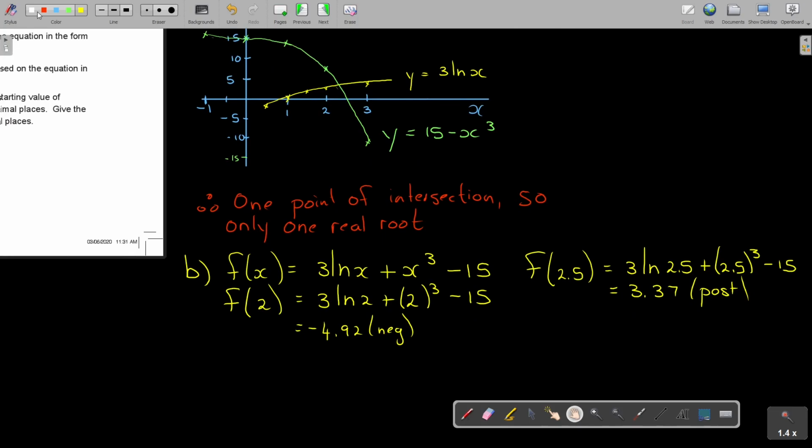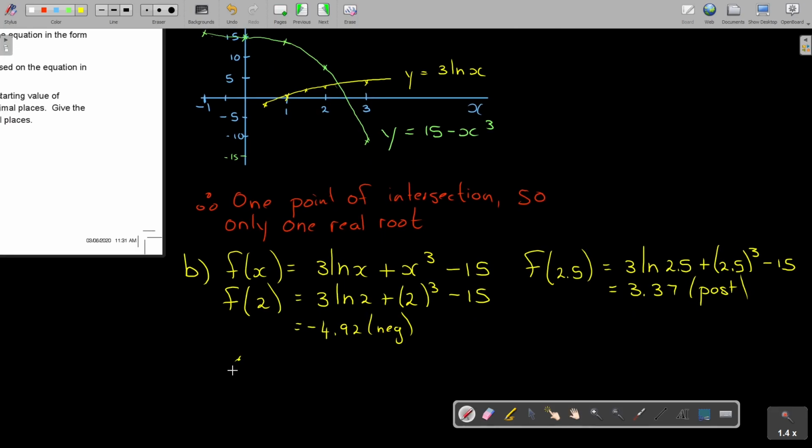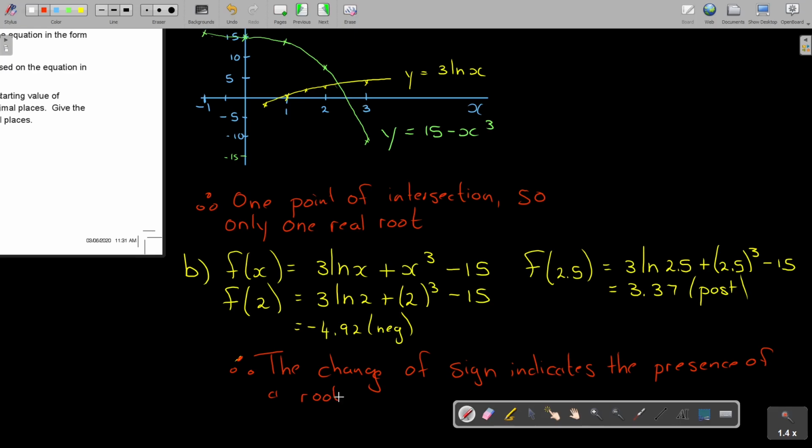And now I say, therefore, the change of sign indicates the presence of a root between x is 2 and x is 2.5.